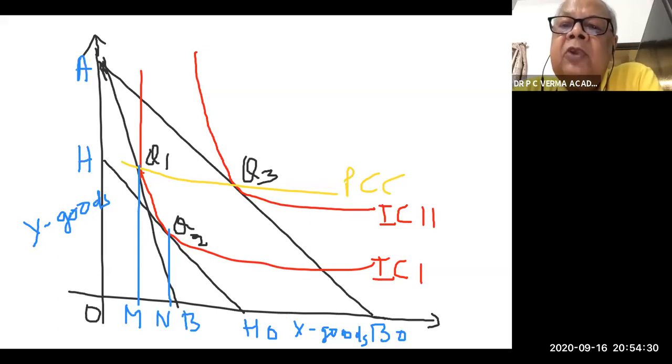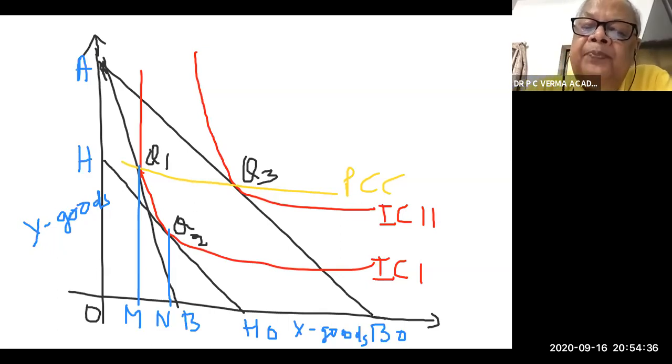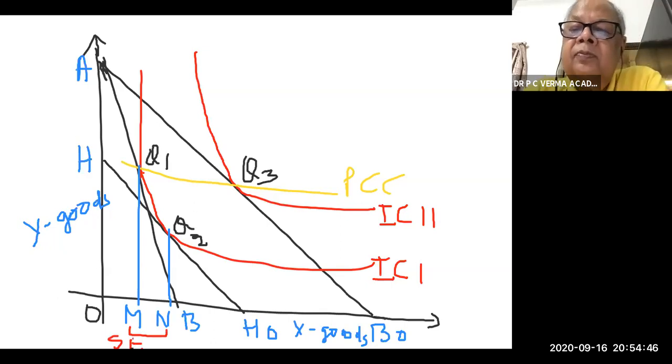The consumer shifts from OM to ON due to the substitution effect. And the consumer moves from Q1 to Q3 due to the price effect.